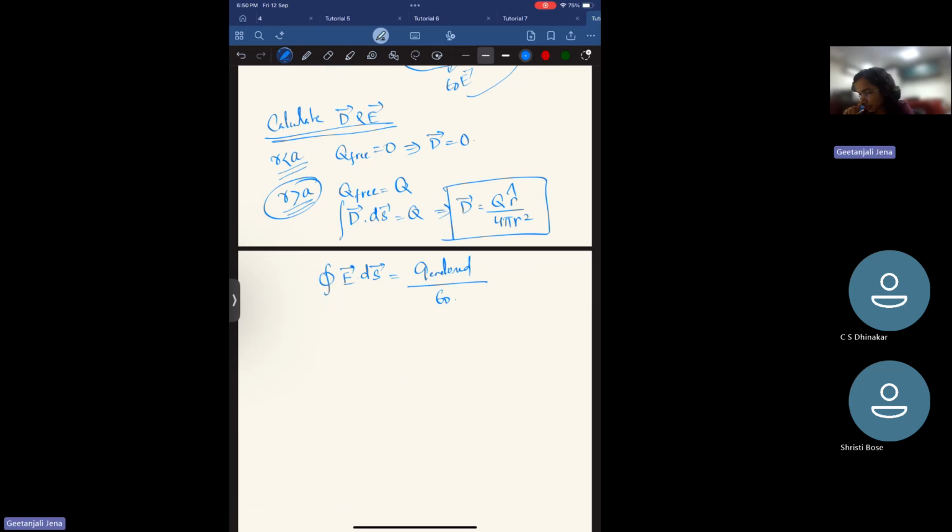Or one thing you can do, because your Q bound is not given, because polarization is also not given.